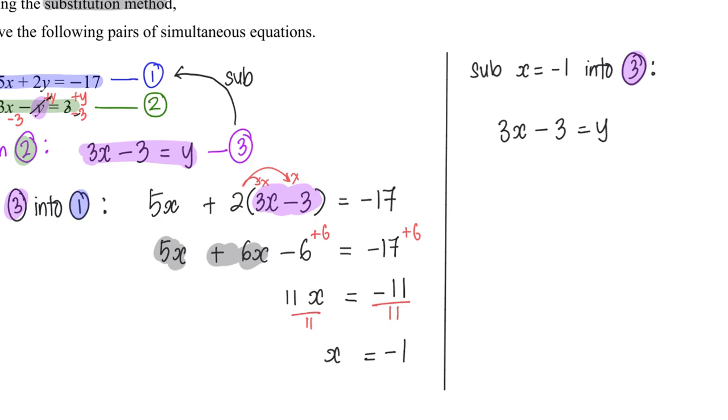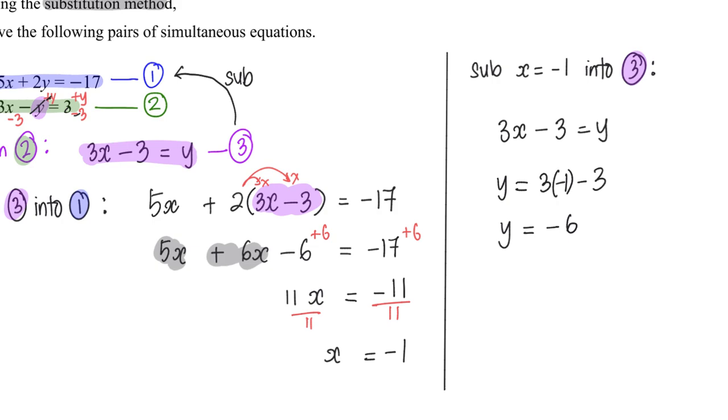That means interchangeably, y is also equals to 3x minus 3. And since we know the value of x, which is negative 1, let me make sure there's space again. Negative 1. Therefore, I will be able to get the value of y. In this case, negative 6.